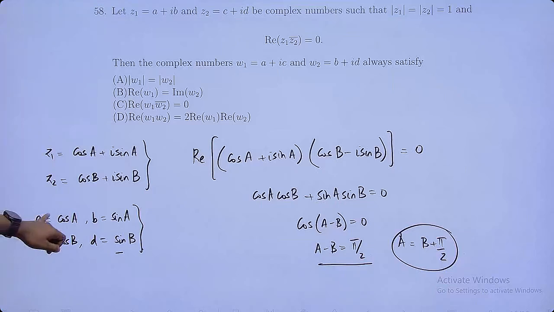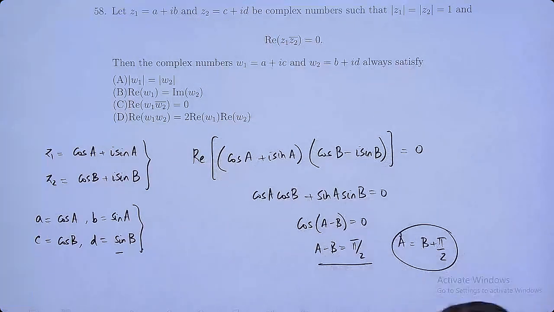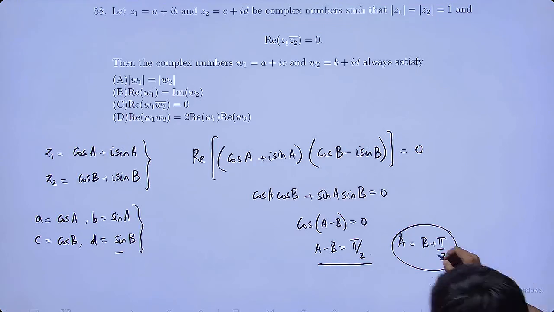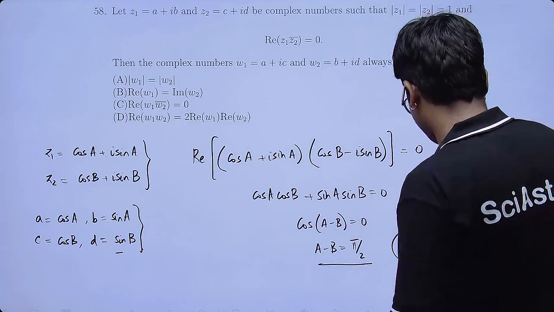So what will be the value of cos A? Cos of (A plus B) is cos A cos B minus sin A sin B. So cos A will be cos B cos 90, that becomes 0, minus sin B sin 90.